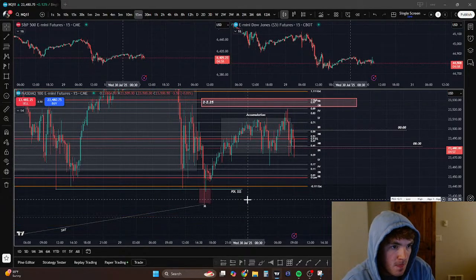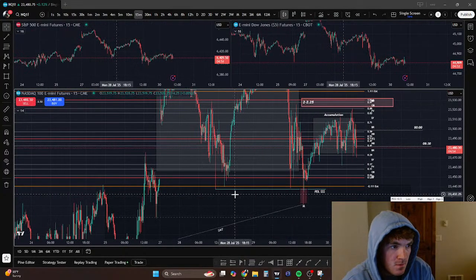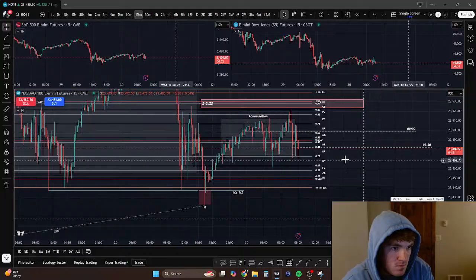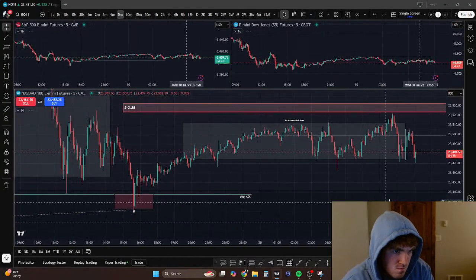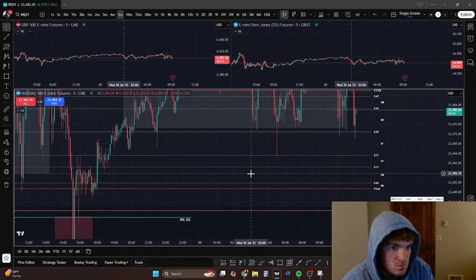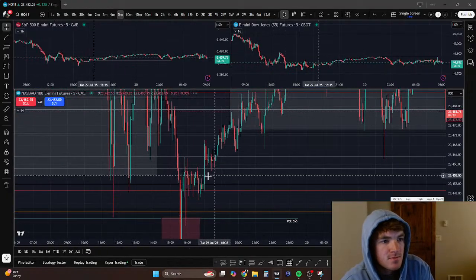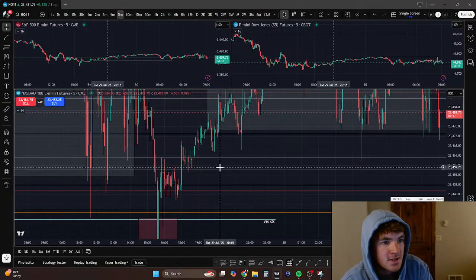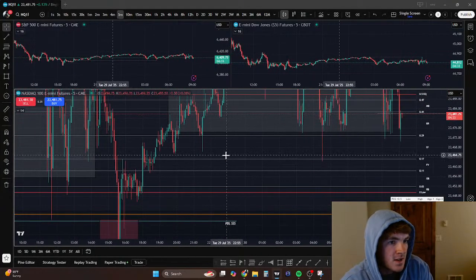So we sweep liquidity here. The fair value gap is close to the fair value gap partition. I don't know if I'd consider it in the fair value gap partition, but it's kind of close.